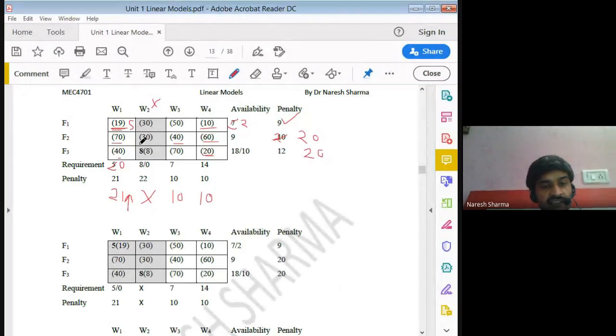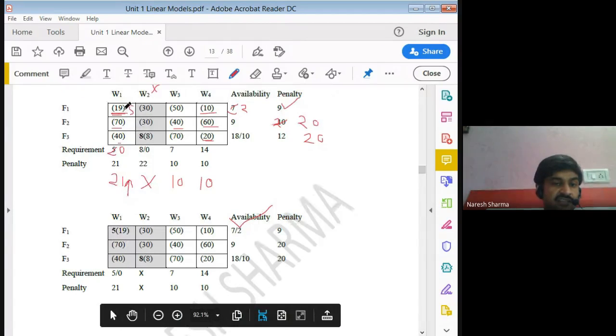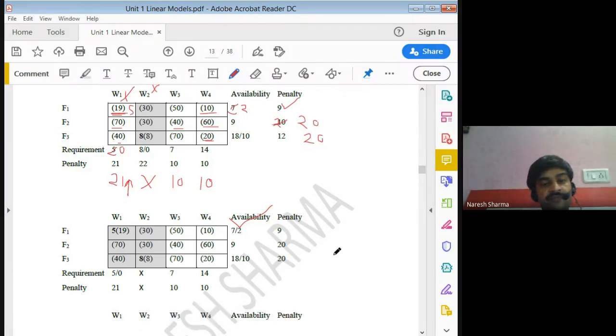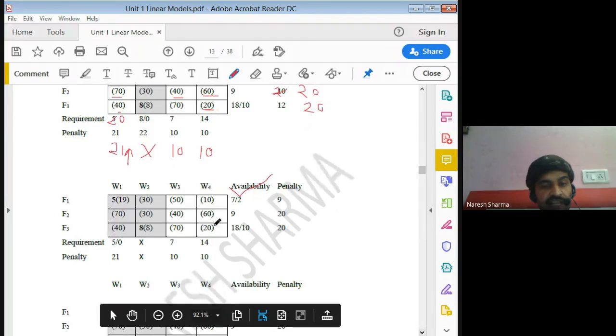Now again you get this table, this one. Now we go a little down. As this requirement is fulfilled, we also cross this first column. So now we are left with your 3 column only. Now again we calculate the penalty here.